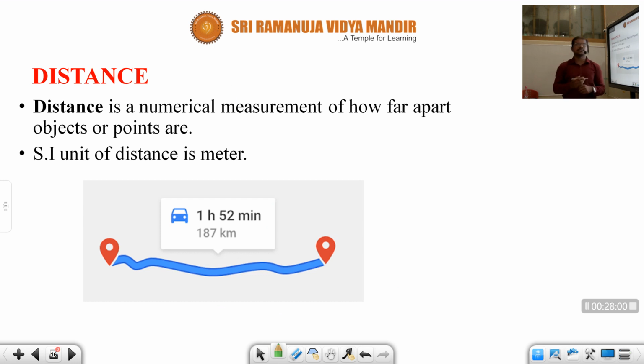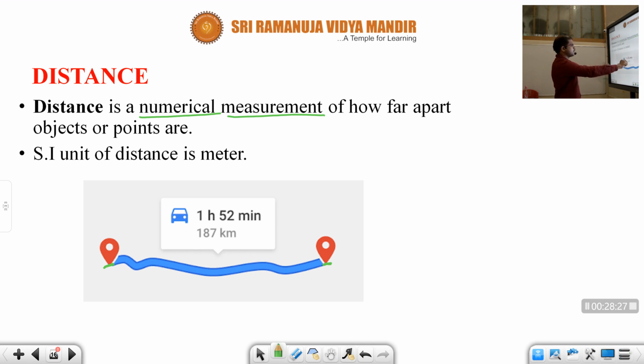Next one, children, distance. Our next topic is distance. What is distance? Distance is a numerical measurement of how far apart objects or points are. Here, two points are there, and they are separated apart.